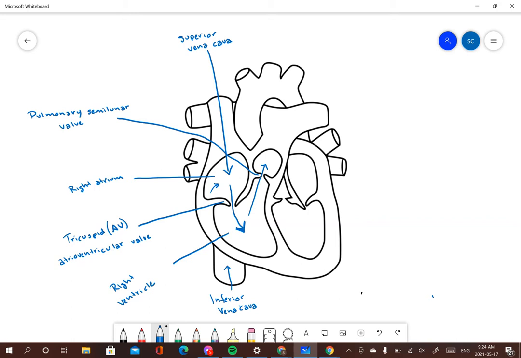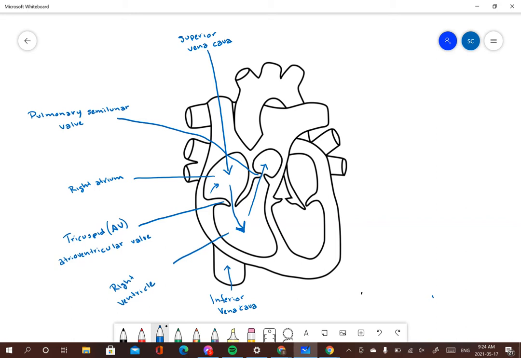So that semilunar valve holds the blood in the ventricle before the heart beats, forcing it out. And then when the blood has been pushed through, it prevents that backrushing of blood in the heart, which again, if you remember, causes that heart murmur.